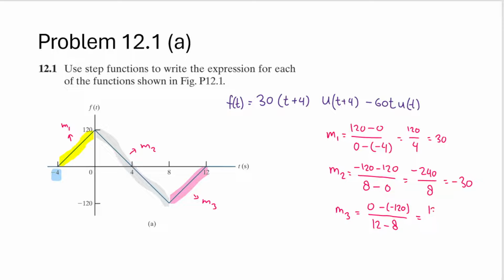We will have 120 divided by 4, that will be 30, right? Currently we have minus 30 here, so we need to add 60 to get 30. However, this starts at t equal to 8, so we need to subtract 8 from t. So we'll have (t - 8), and then u(t - 8).